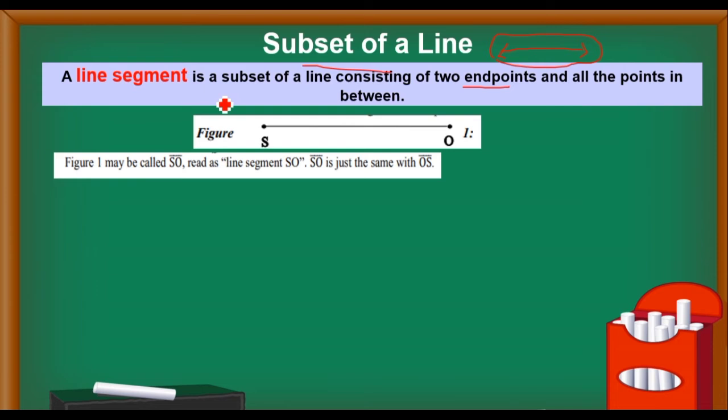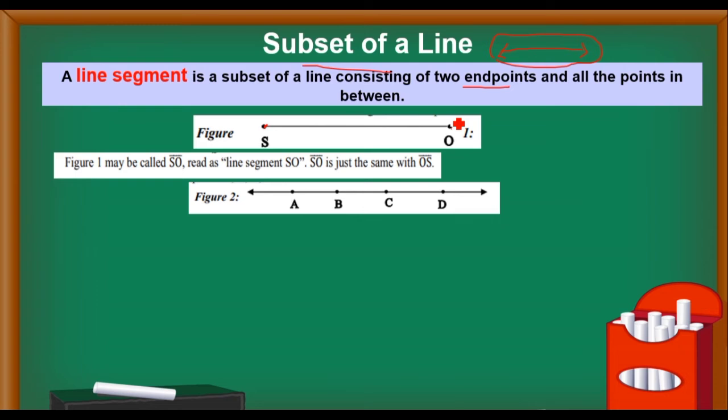So, kahit baliktarin natin yung letter niya, parehas pa rin po kasi parehas yung sukat. Pag kinuha natin yung sukat nitong SO, ay parehas kay line segment OS. So, tandaan po natin ha, line segment na may dalawang endpoint.